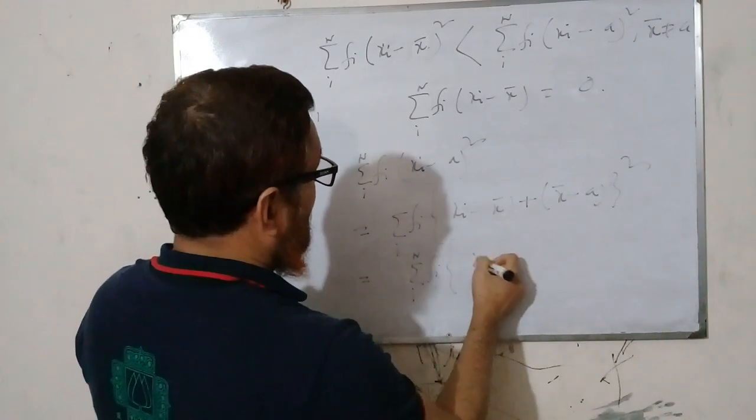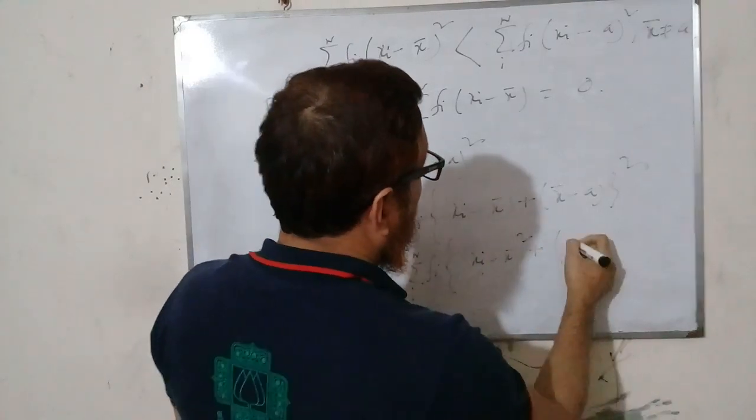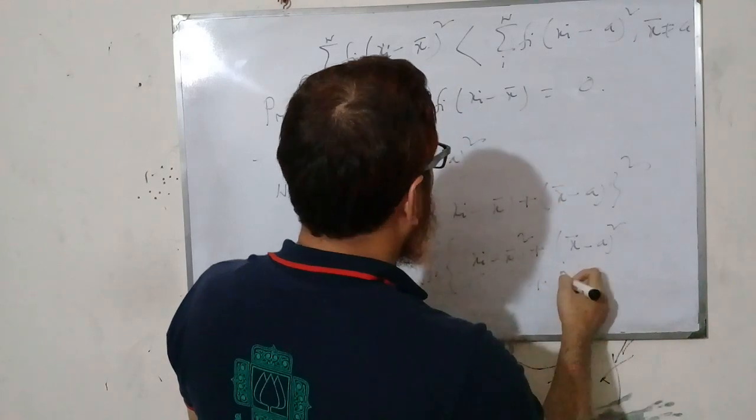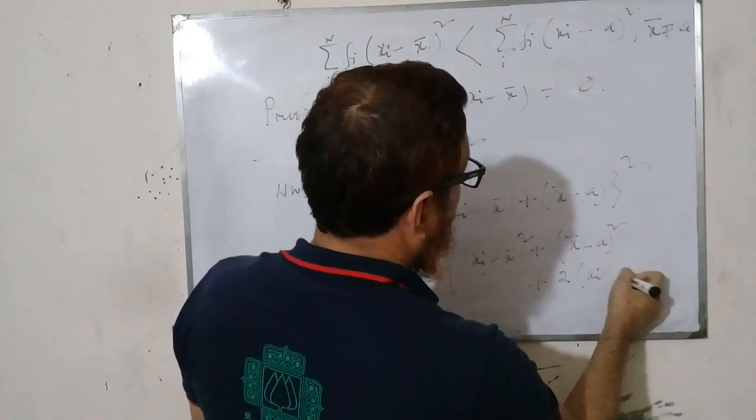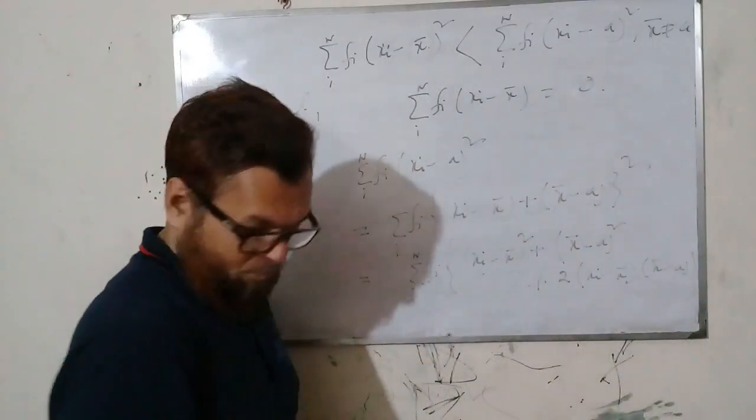Using (a + b) whole square equals a square plus b square plus 2ab.